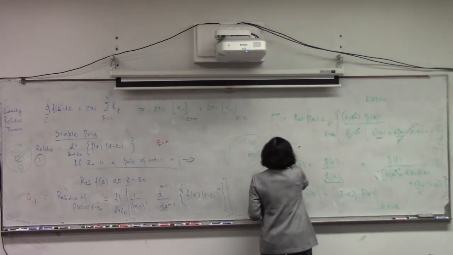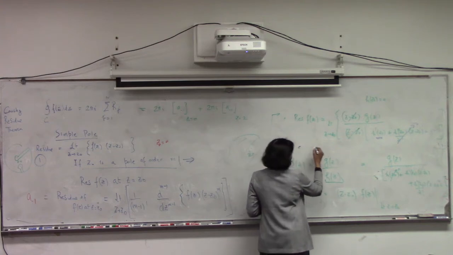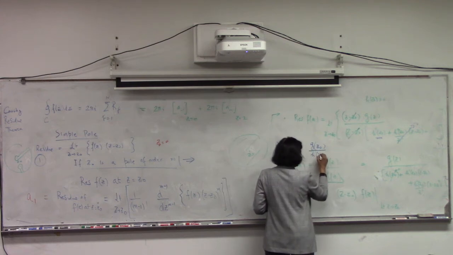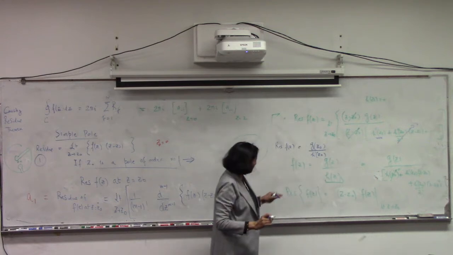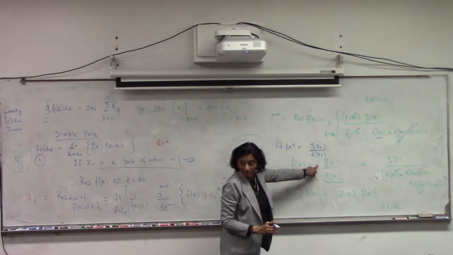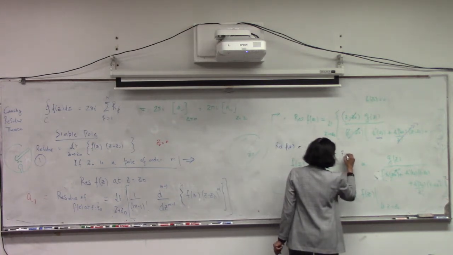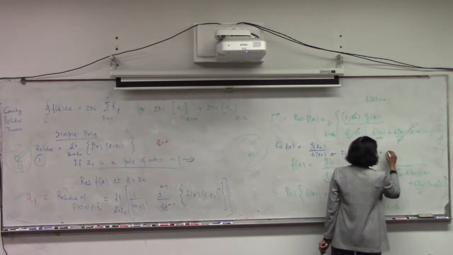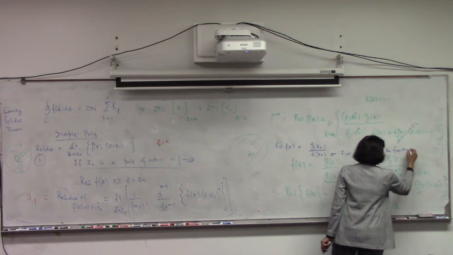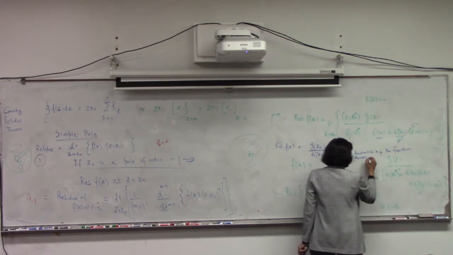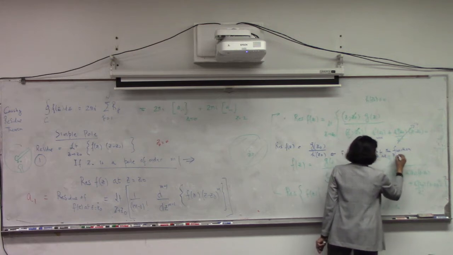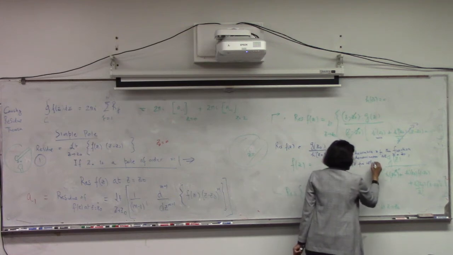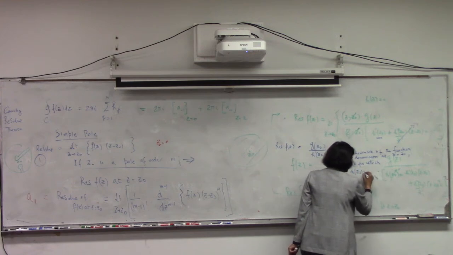This is why you have the formula: the residue is simply the value of the function in the numerator at z equals z naught, divided by the first derivative of the denominator at z equal to z naught. h prime is the first derivative of the denominator at z equals z naught, for which h at z equals z naught is 0.